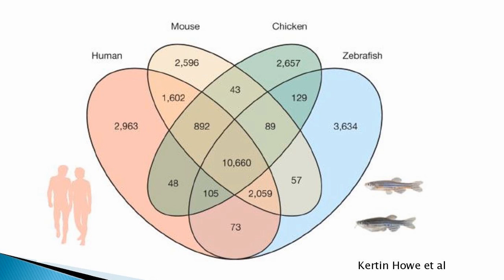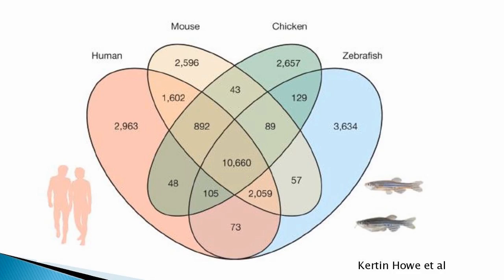So this huge gap between 892 and 2059 may be the reason why chicken might have gone through the evolutionary stage and might have lost genes during the evolution. You can also see the zebrafish having some more species specific genes, like 3034, which is very huge. It's maybe because of whole genome duplication.